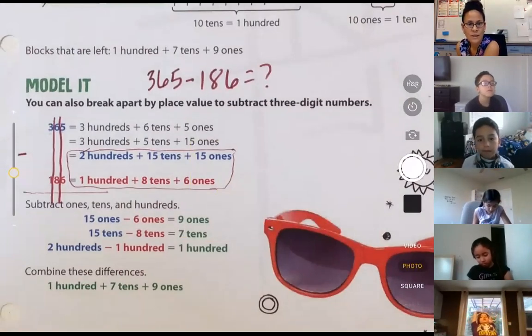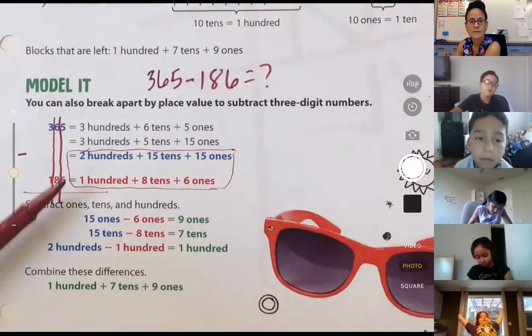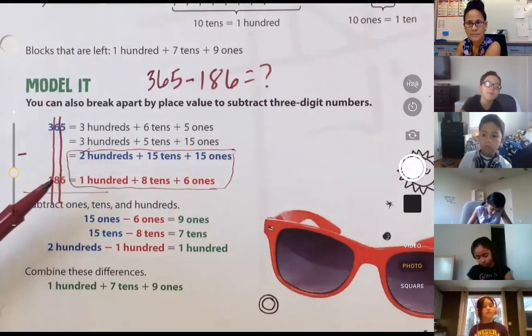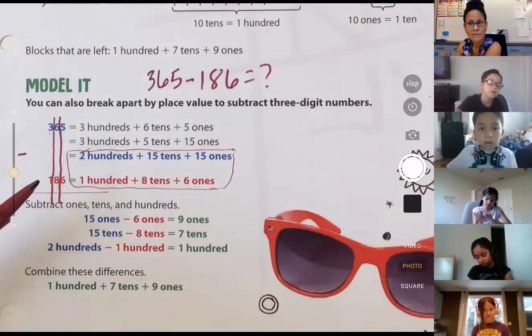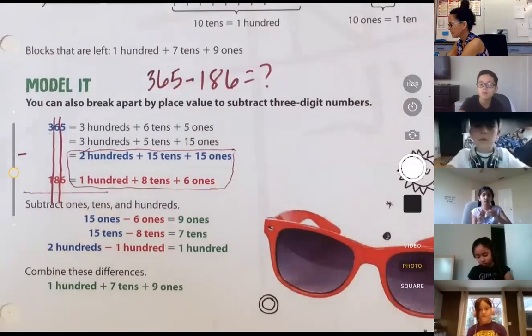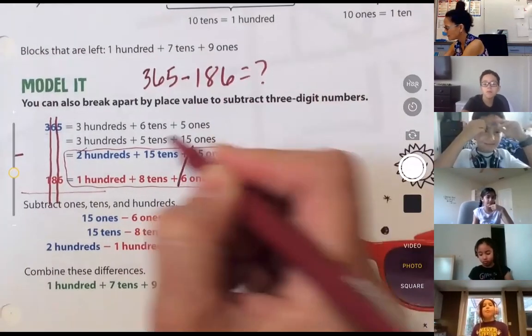In order to do the subtraction here, your top number needs to be higher than the bottom in each of the places so that you can do subtraction. That's the goal when we regroup.